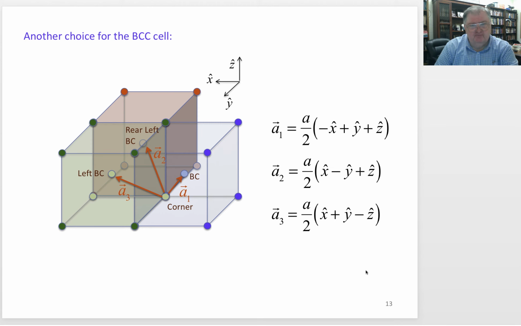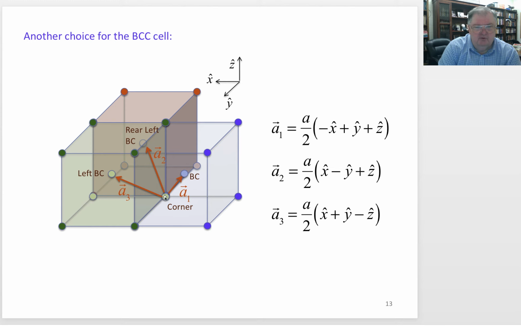Let me show you another choice for the body-centered cubic. See what I've done here is, here's the cube in question, the blue one. I've gone to the rear left point, okay? And what am I doing? From that point, I go up to the body-centered point on the blue cube.